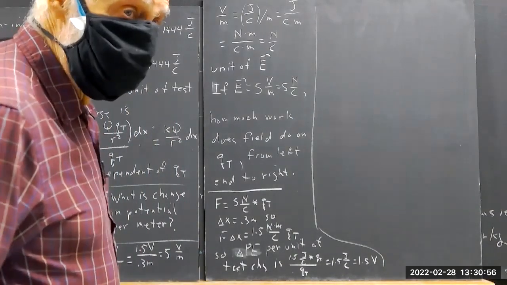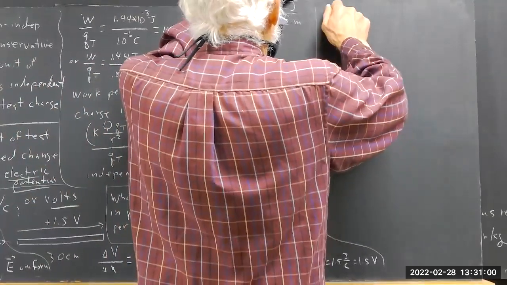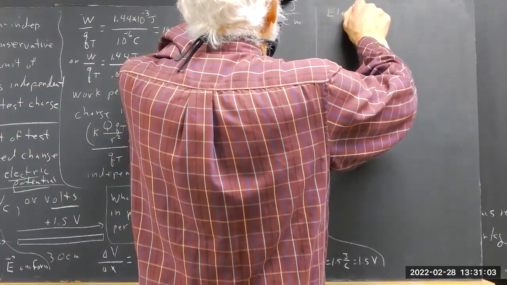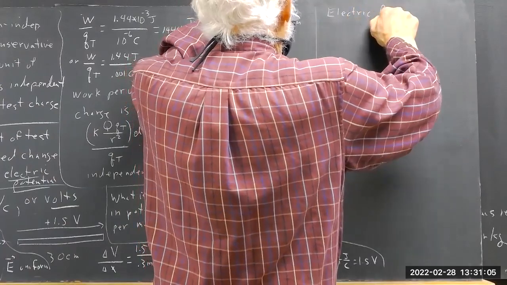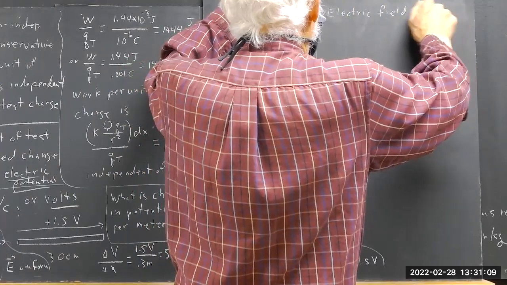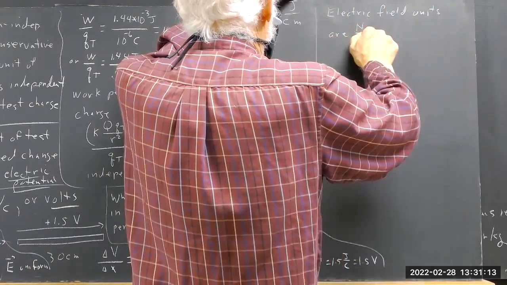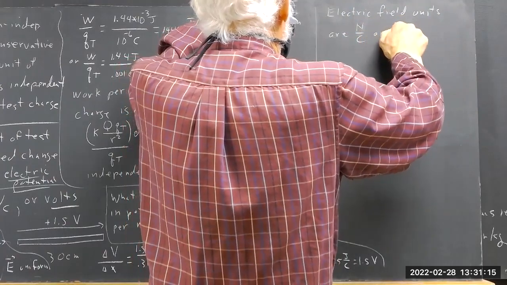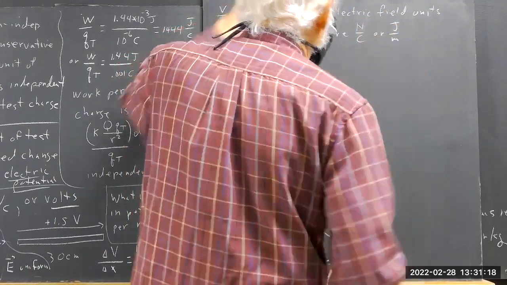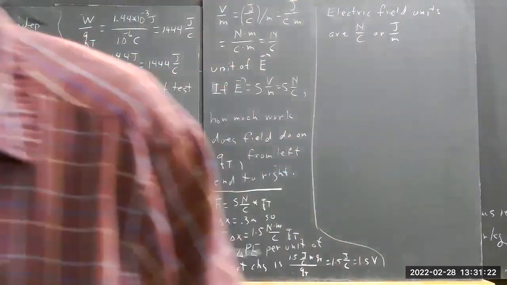So, bottom line, electric field units are newtons per coulomb or joules per meter.